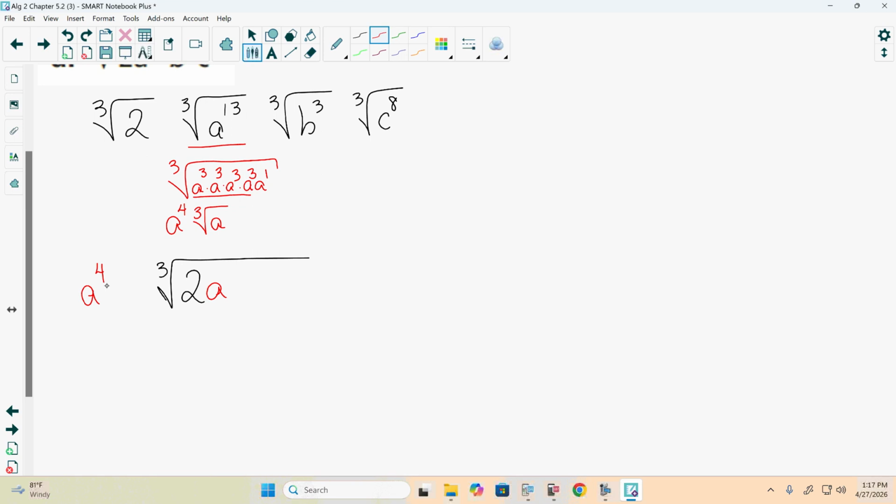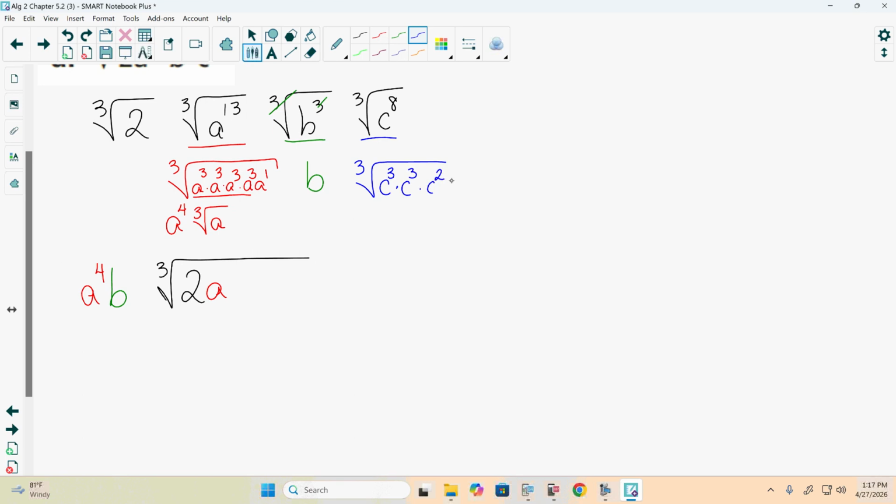Cubed root of b to the 3rd. Those would simplify out nicely. It's just b. We have one group of 3 b's that we could take out. C to the 8th. Again, how many groups of 3 c's can we take out? How many times can we divide 8 by 3 evenly? Because there's 3, there's 6.